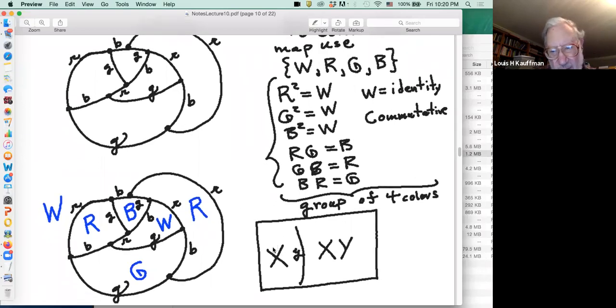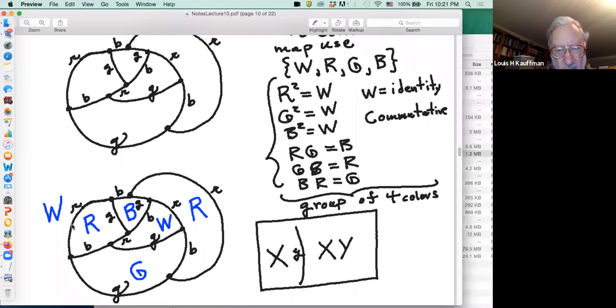When you have a coloring on a region and another color on an edge, multiply them together to get a color on the next region over. So in this case, I have a white on the outside and I multiply by red and I get red. Then I multiply red by green and I get blue. I multiply blue by green and I get red. I multiply red by red and I get white. And I multiply white by green and I get green.